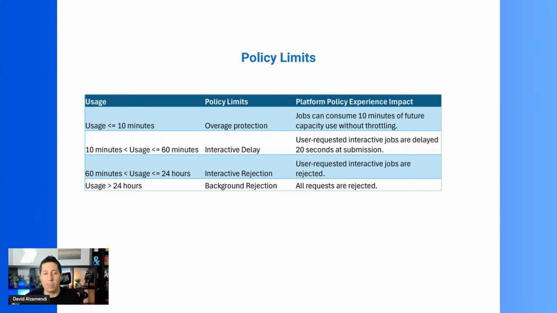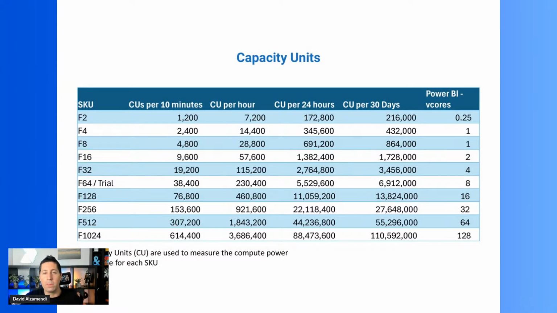In the second example, you can see that our usage is using more capacity units than the one within a period of 10 minutes, but less within a period of 60 minutes. So let's go back to our previous example. So let's say that we're moving some data, and moving that data is costing us 2,000 capacity units within a period of 1 minute.